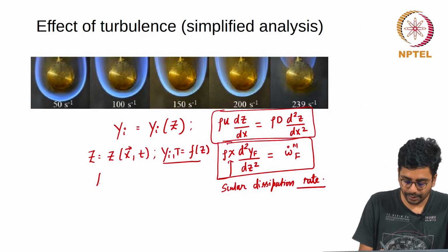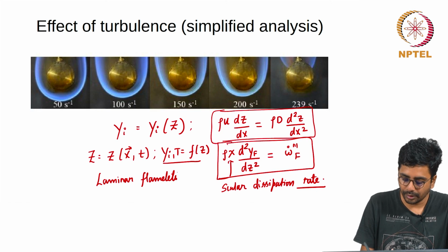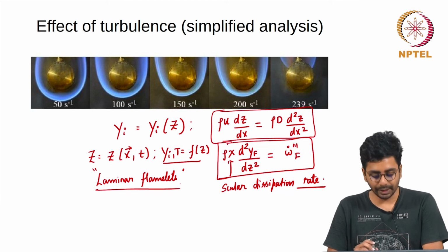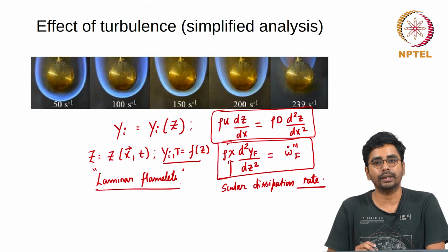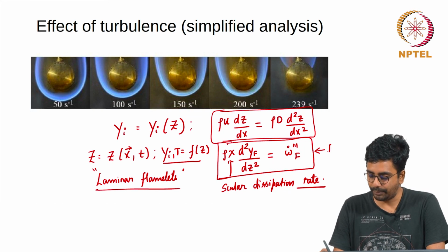This, in a very simple form, is the effect of turbulence on non-premixed flames. This is called the flamelet equation.